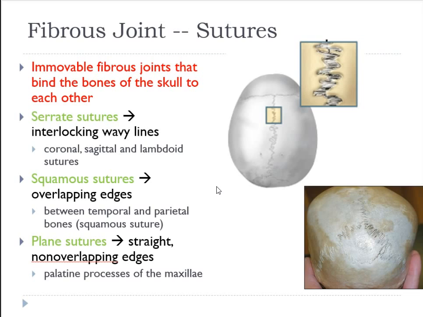So in between different things like the temporal and parietal bones, we're going to see these kind of overlapping edges where one will kind of overgo and the other one will be a little below. So there'll be a little bit of bone overlapping both. And then plain sutures. They're going to be straight, non-overlapping edges, and that's going to be like the maxilla bone, palatine bone, and if you look really closely, you'll see a really straight suture line between them.